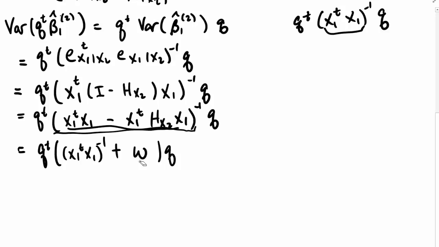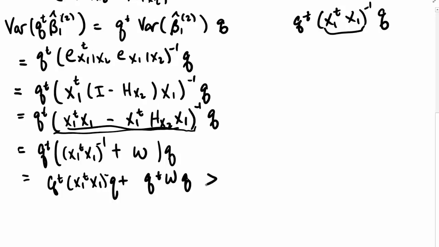So now what I can say is that this is equal to Q transpose X1 inverse plus Q transpose WQ, where W is a positive definite matrix, or at least a positive semi-definite matrix. So I can say that this is greater than or equal to Q transpose X1 inverse Q, okay?